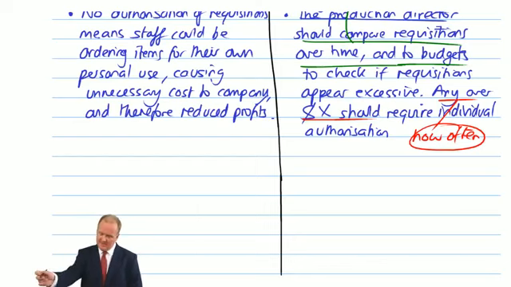There was a second one in there, wasn't it? No check to inventory before requisitions turn into orders. And again, I don't want to copy too much of the question out because you're not going to get much for copying.